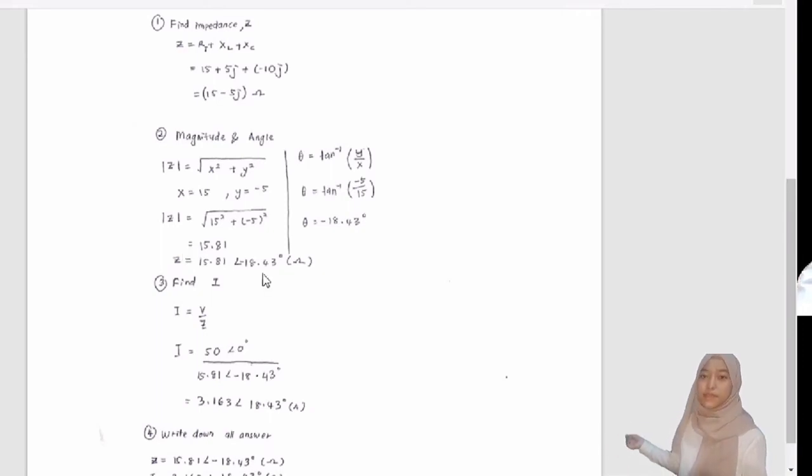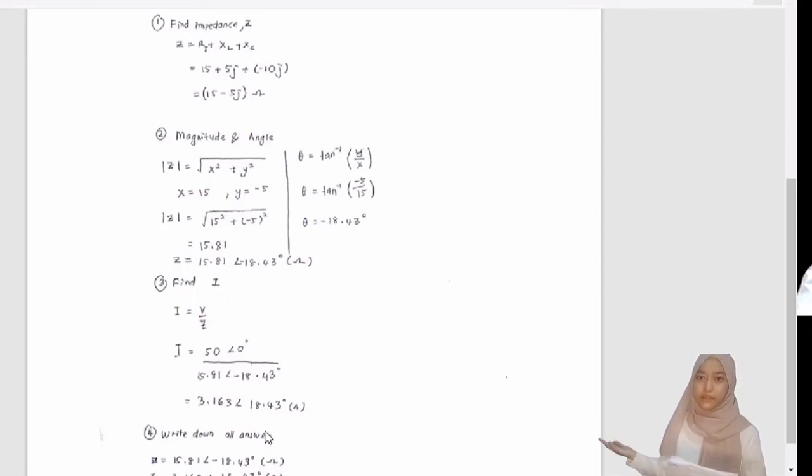Then we find the I. For I, we can use the formula I is equal to V over Z. For V, we already know just now it is 50 and the angle is 0 degree. And for Z, it is 15.81 and the angle is negative 18.43 degrees.